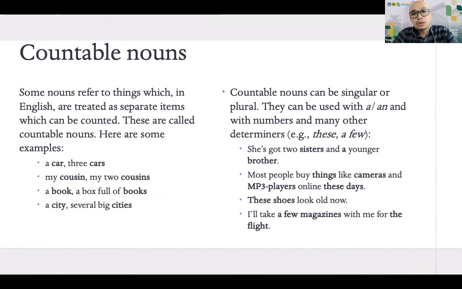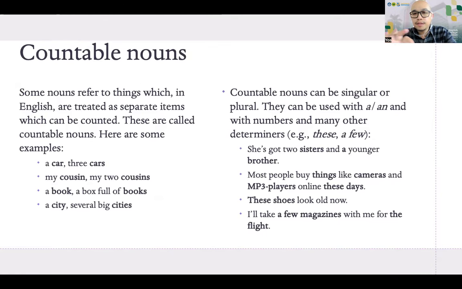Countable nouns can be singular or plural. They can be used with a or an and with numbers and many other determiners like these, a few, etc. For example: She's got two sisters and a younger brother.